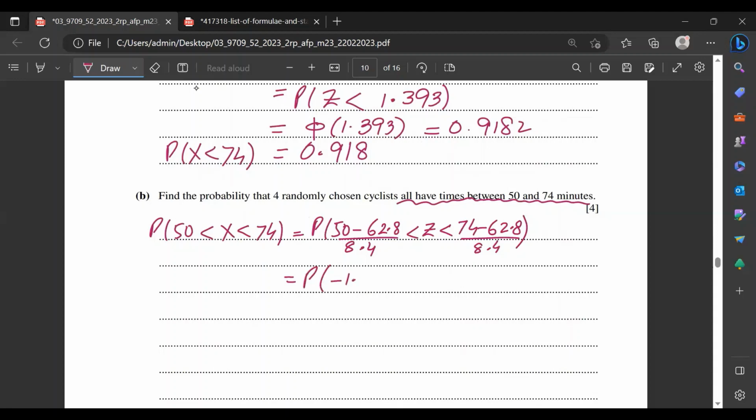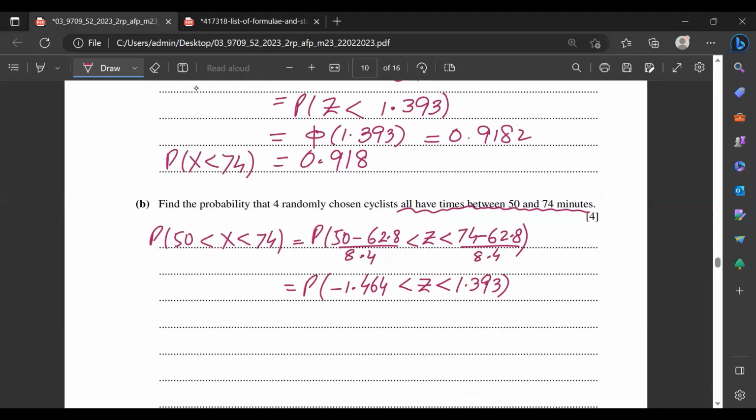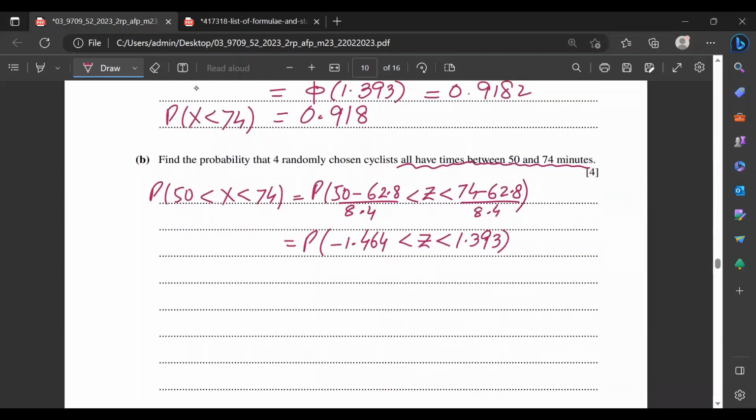So simplifying, it is equal to p of minus 1.464 less than z less than 1.393. As it is in between, either you get it from the diagram or there's a shortcut: phi of 1.393 minus phi of minus 1.464.